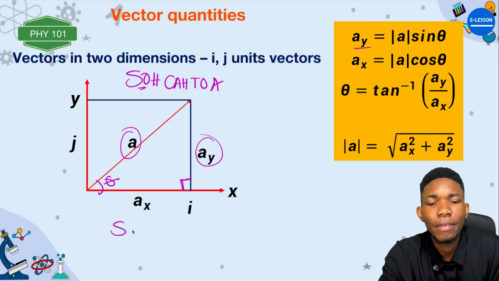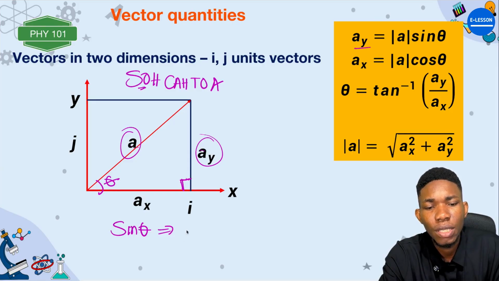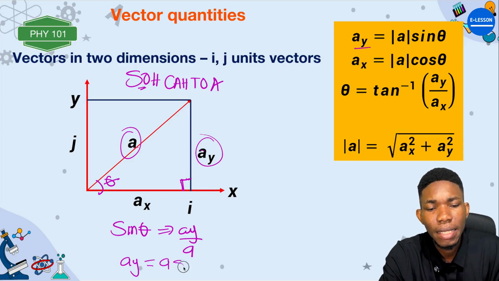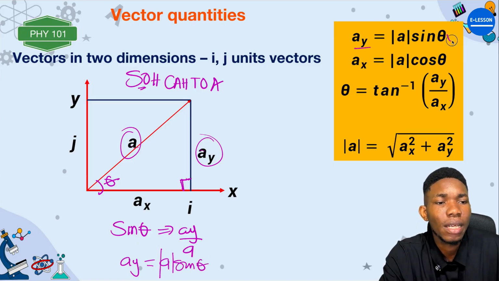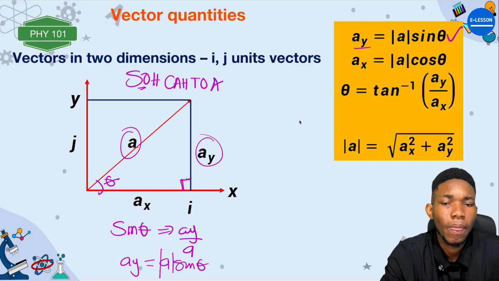So that is why we have sine theta equals what is your opposite, A_y, divided by, and here is what? A. So our A_y will be equals to A sine theta, which is magnitude of A sine theta. That was how they got this formula here. Is that okay? It's very simple.